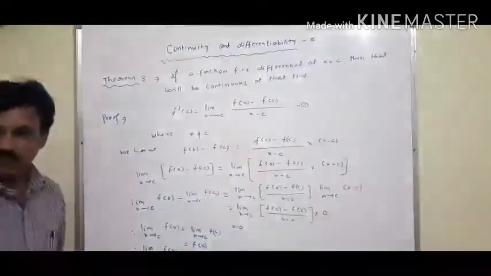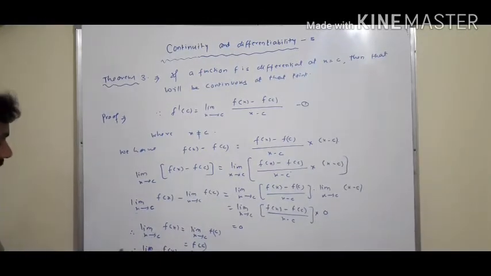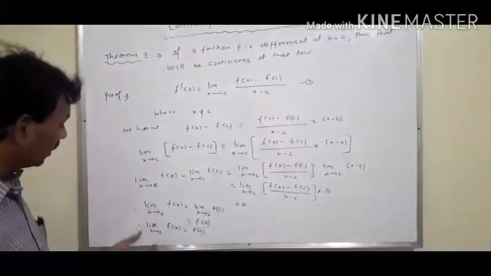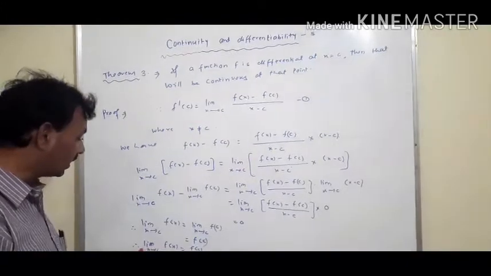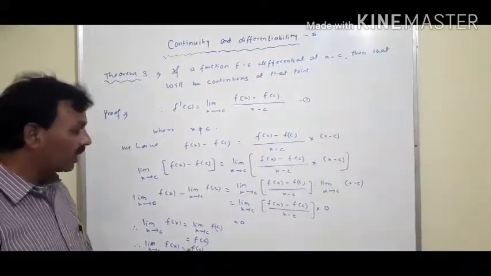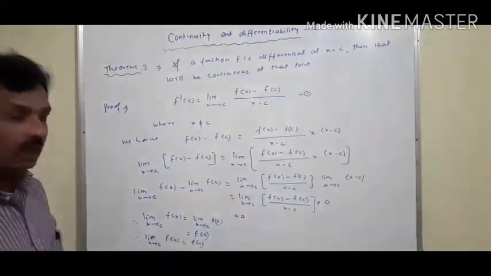By the definition of continuity, which you have already studied, if the limit of the function at a given point is equal to the value of the function at that point, then the function is continuous.